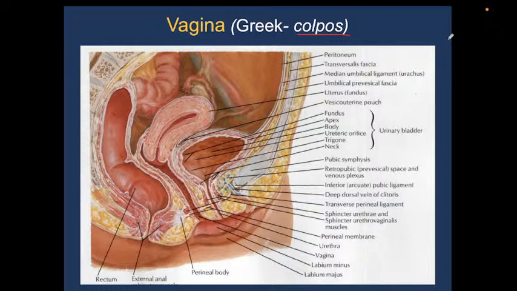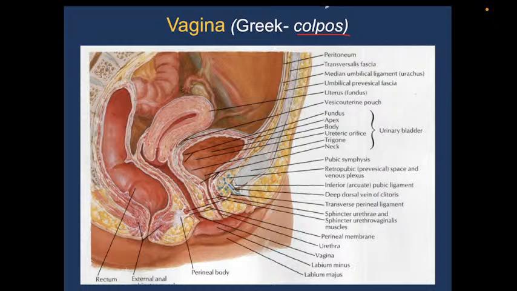This serves for copulation and removal of menstruation, the fluid from the endometrium during menses, and removal of the fetus during childbirth.